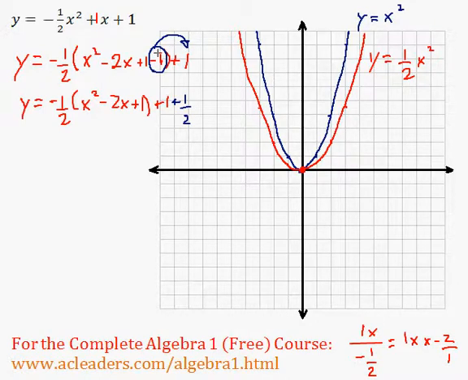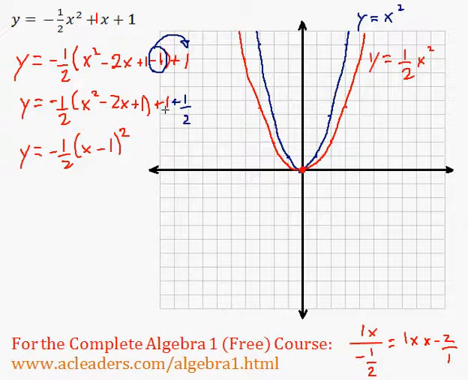Now 1 plus half is 1.5, or just 3 over 2. And our vertex in this case is going to be positive 1, comma 3 over 2, which is 1.5. And why is it positive 1? We always invert that sign. Hope everyone remembers that.